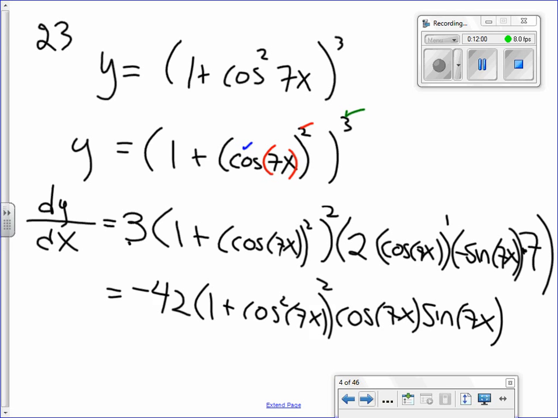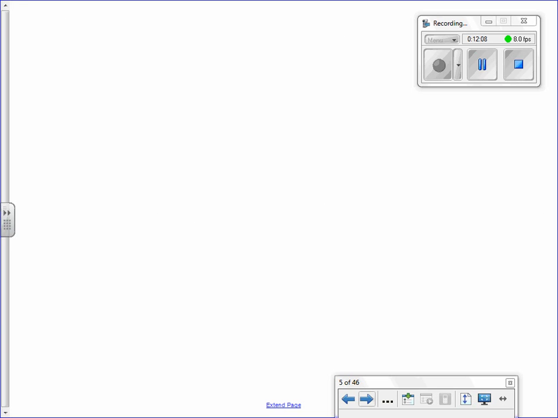Good? Other questions? Yes. 31. Cotan of 3x minus 1. Oh wait, is this the one that said second derivative? Oh, that's why. Okay.